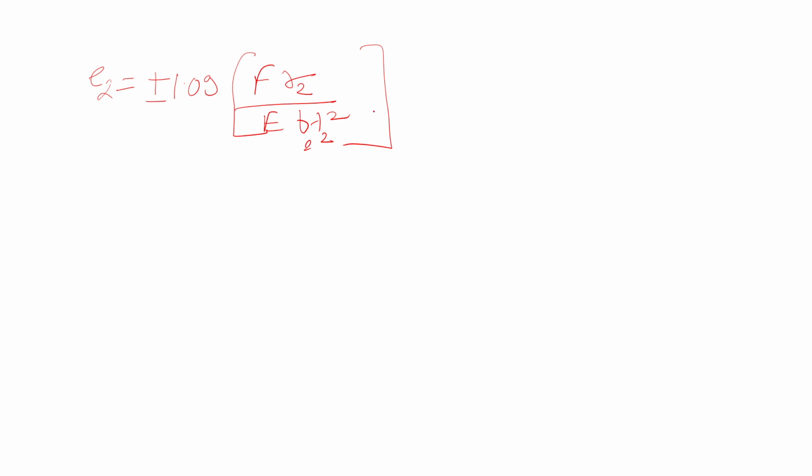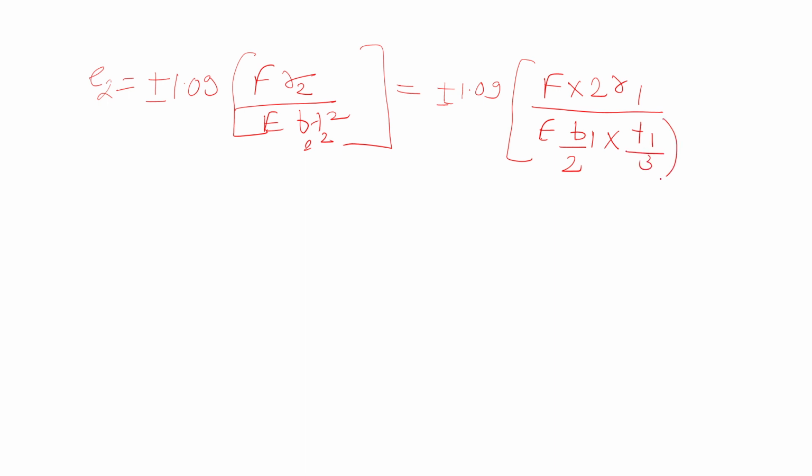So this can be written as plus or minus 1.09, where R2 is twice of R1, E is same, B2 is half of B1, and T2 is 1 by 3 times of T1.